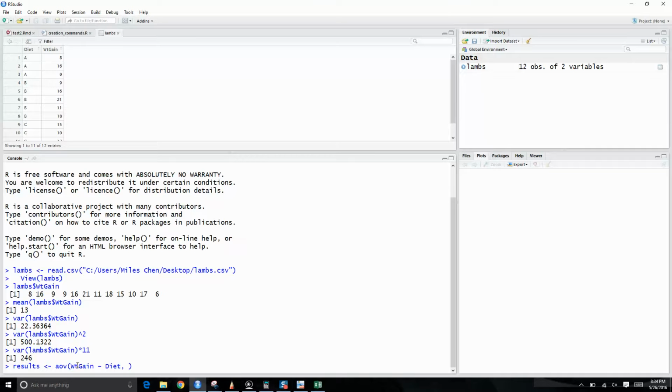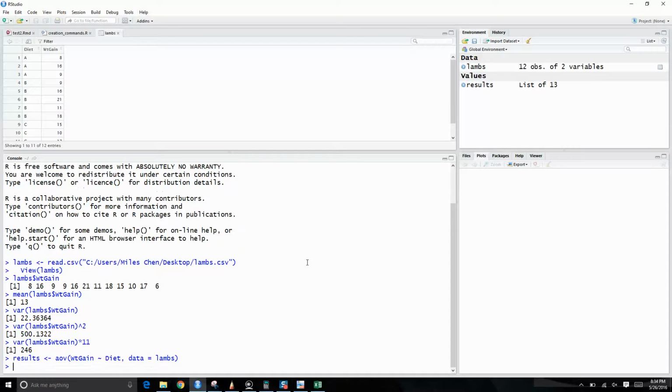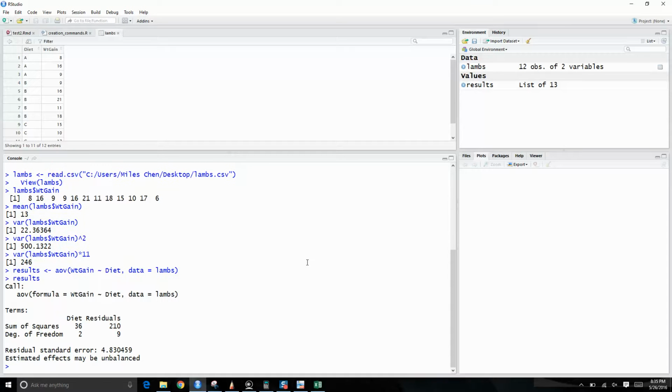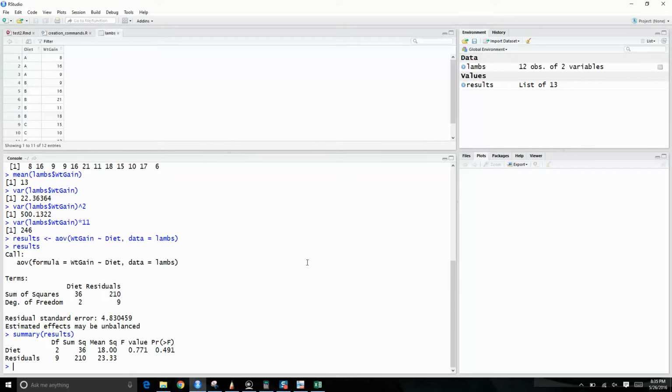Okay, so I've got weight gain tilde diet, and the data I want is lambs. Okay, and that's it. And then I could just say print out the results, and it says this. And really, what's of interest to us is summary of the results. Okay.